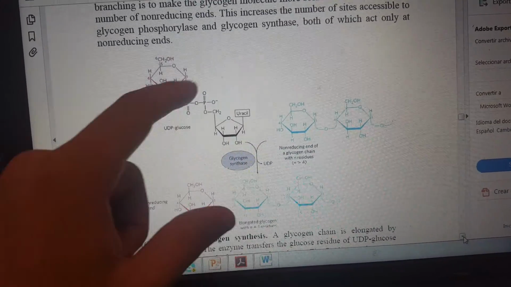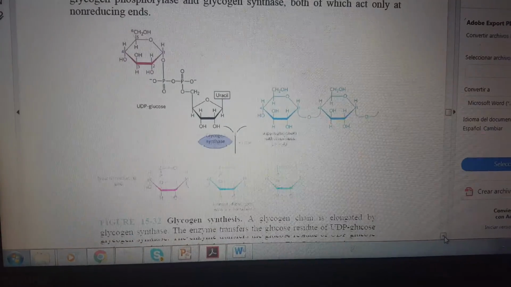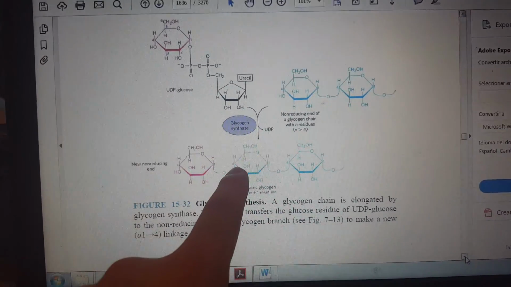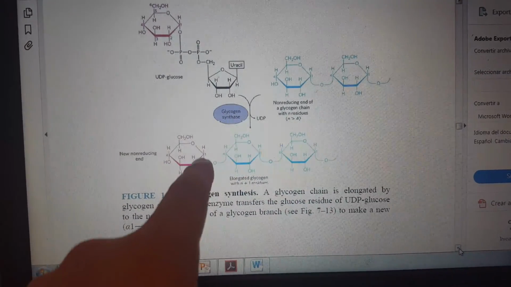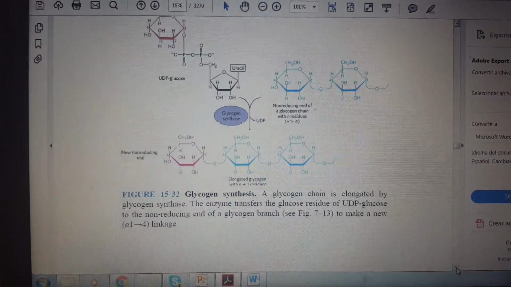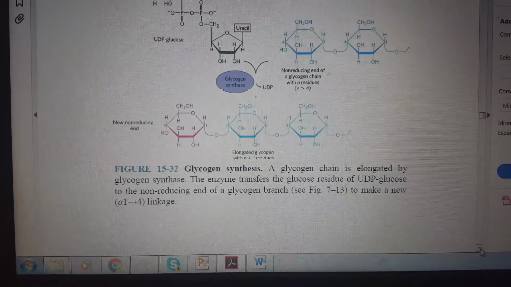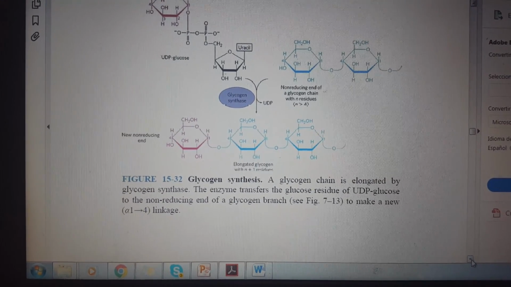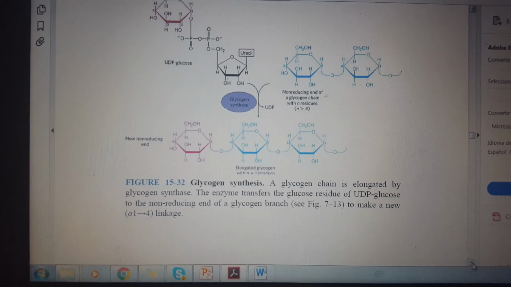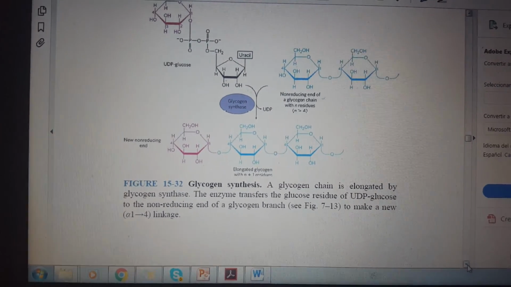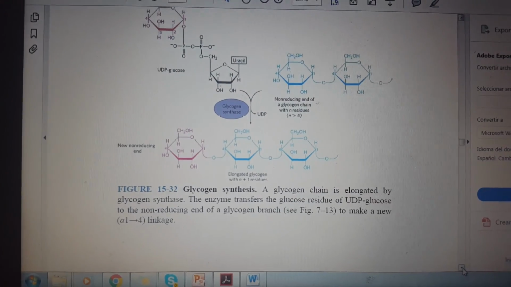This is the portion that's going to be released. So we have the linkage here, an alpha 1,4 glucosidic linkage, and we're going to read here: glycogen synthesis. A glycogen chain is elongated by glycogen synthase. The enzyme transfers the glucose residue, UDP glucose, to the non-reducing end of the glycogen branch.